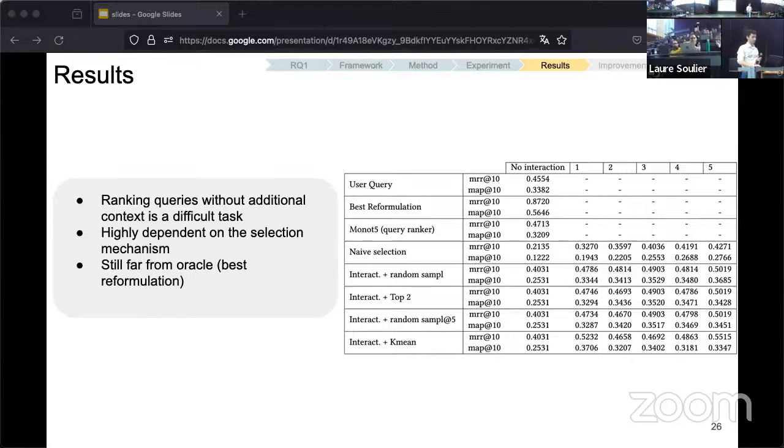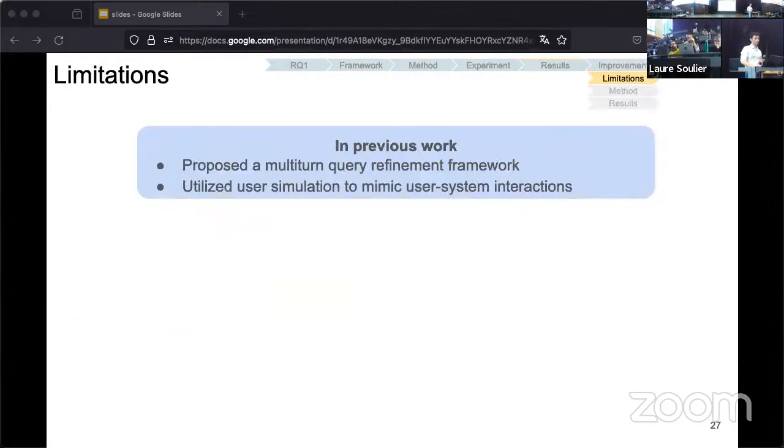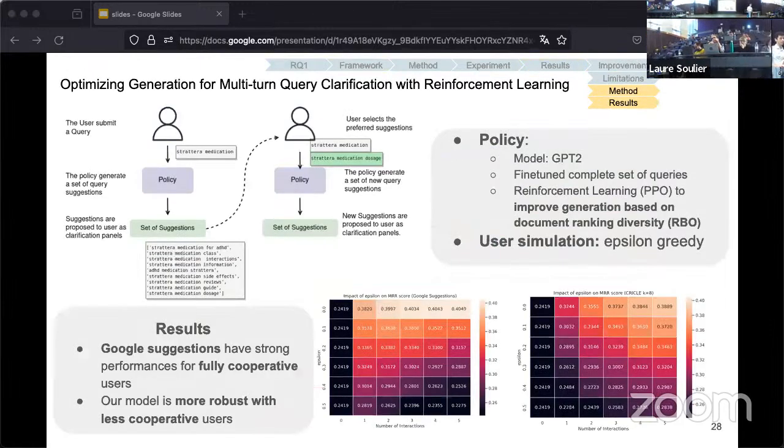Maybe in the next set of experiments, we try to do reinforcement learning to fine tune the language model to have more diversity in generation of the suggestions.